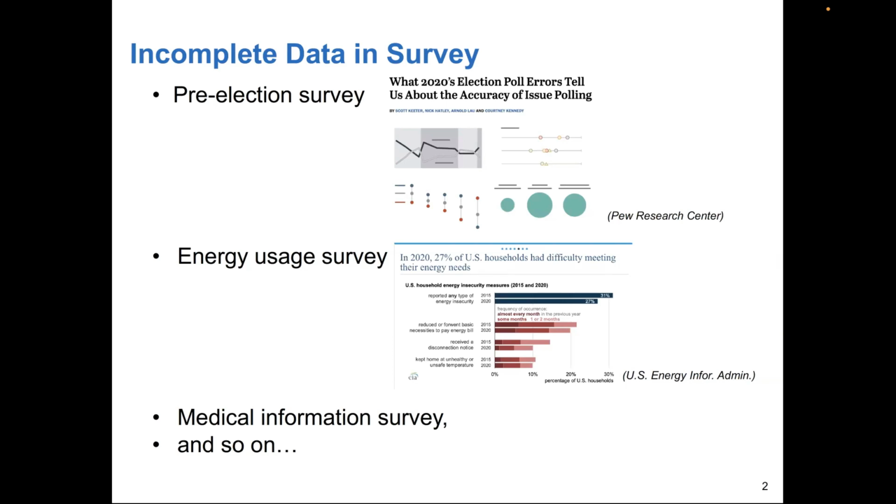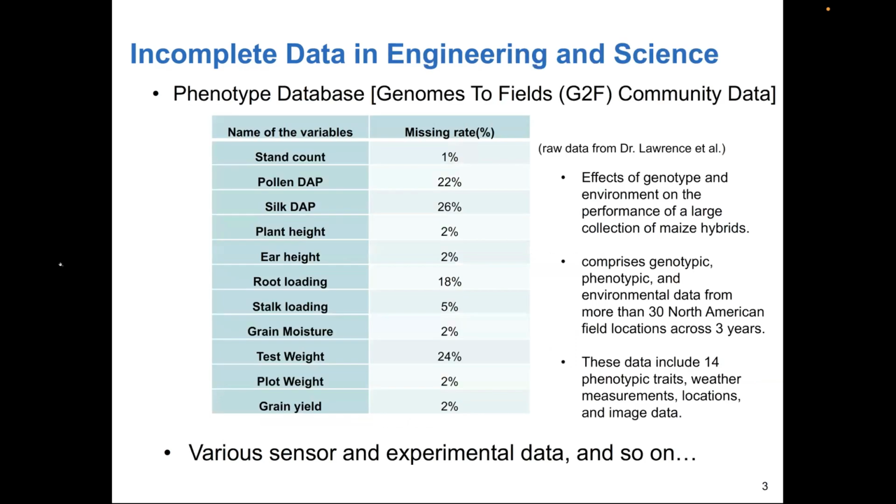Not to mention medical information surveys, where we have a lot of incomplete data problems. In engineering and science, we have genome or phenotype data in biology, and various sensors. You are experts in IoT here, and I believe you have many incomplete data problems.